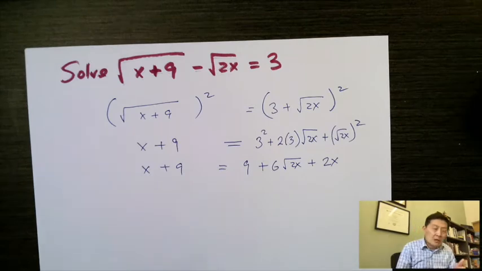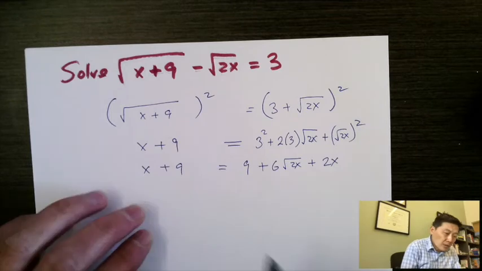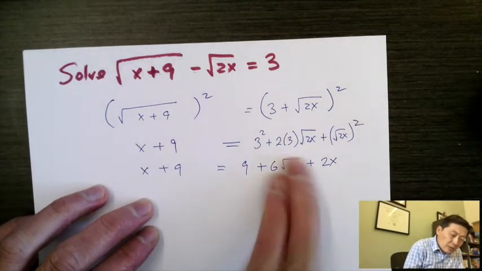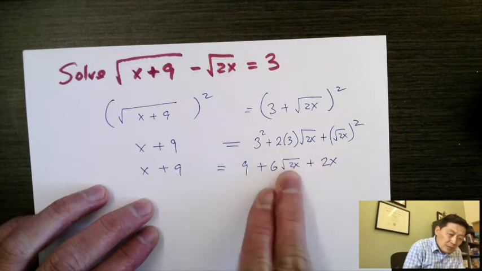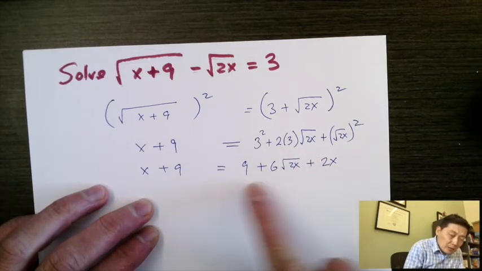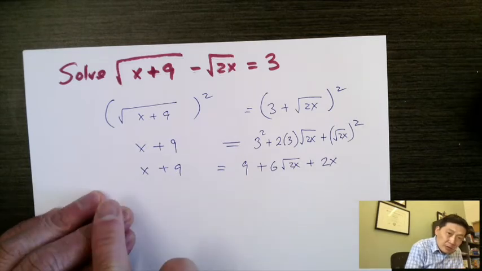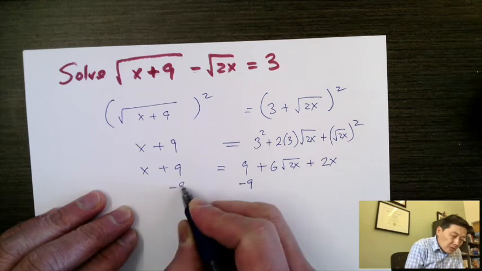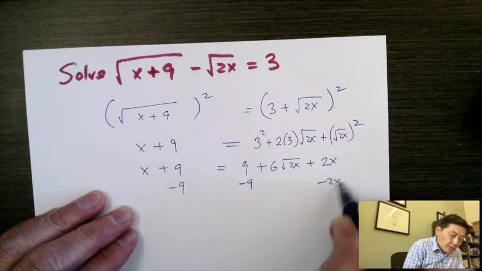So now I'm at the point where I can combine like terms, leave the radical on one side and put everything else on the other side. If I want to isolate this term, I need to get rid of 2x and I need to get rid of 9, but by doing so, I need to do the same thing on the other side as well. So I subtract 9 on both sides, and minus 2x.